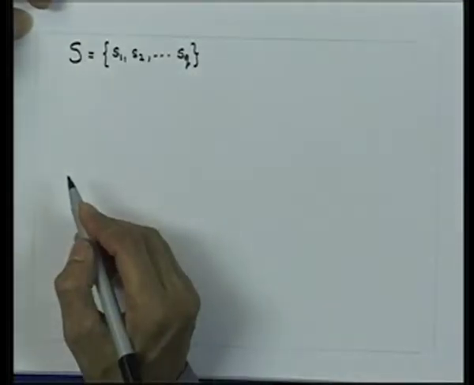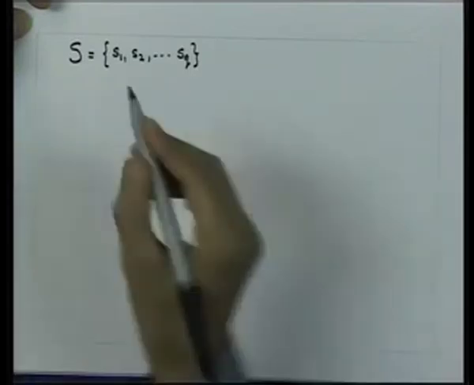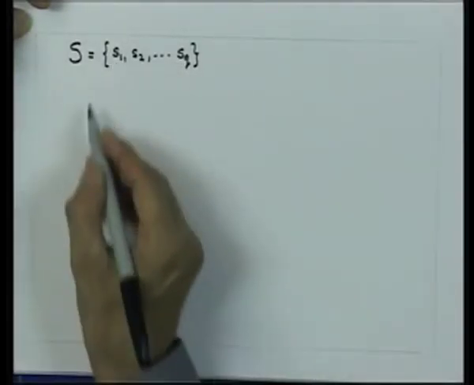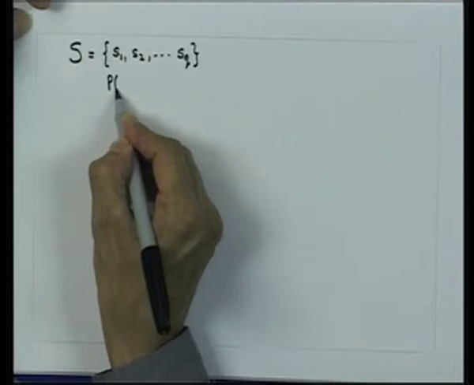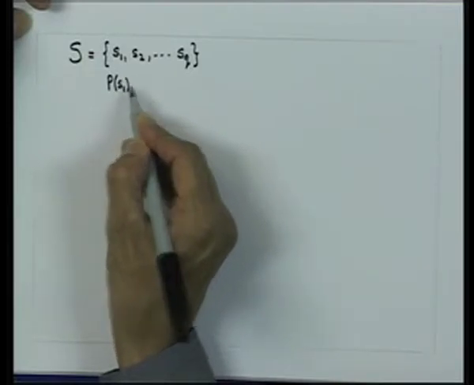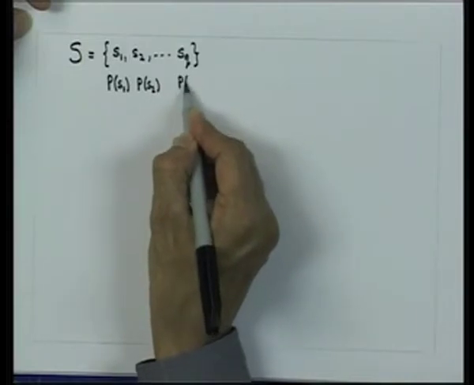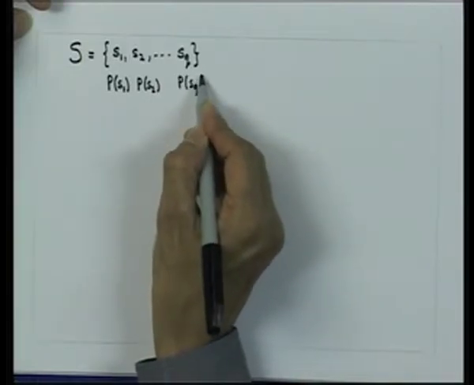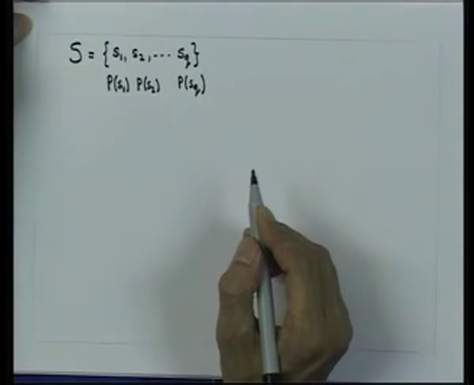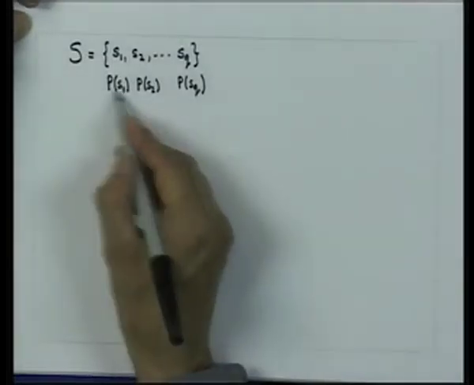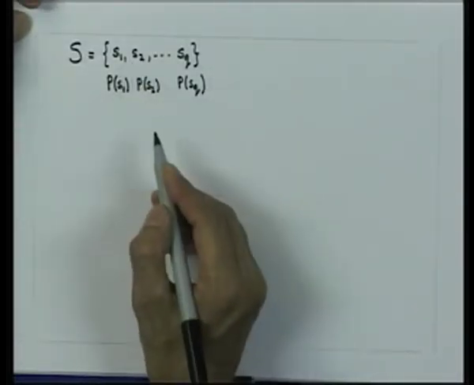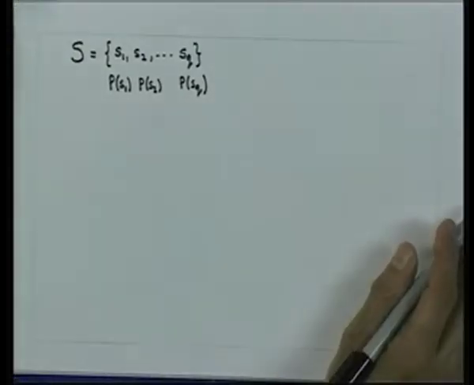This is an mth order Markov process, and with each of these symbols I have associated unconditional probabilities. These are the unconditional probabilities of the symbols, or I can say the first order symbol probabilities.